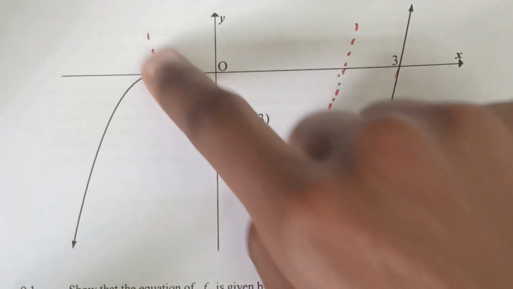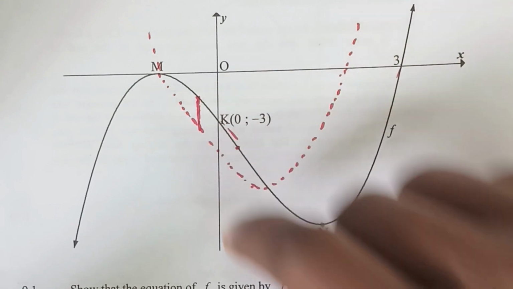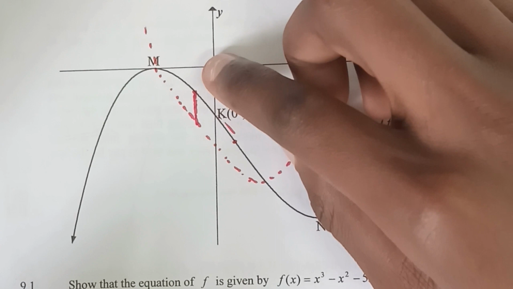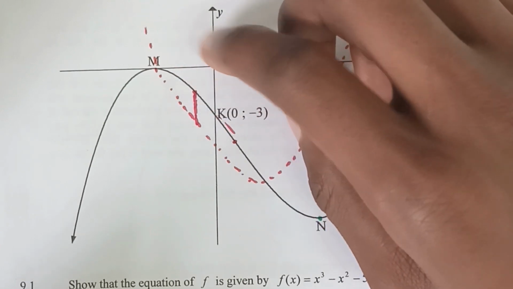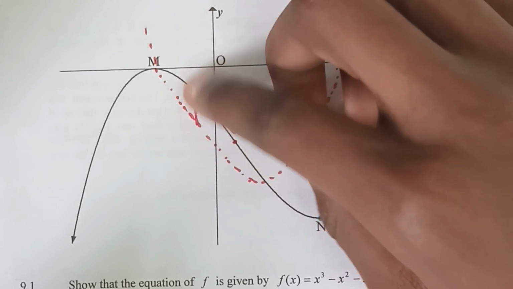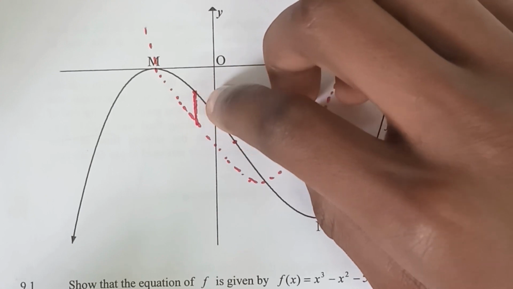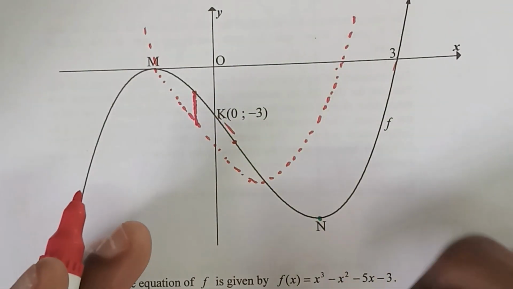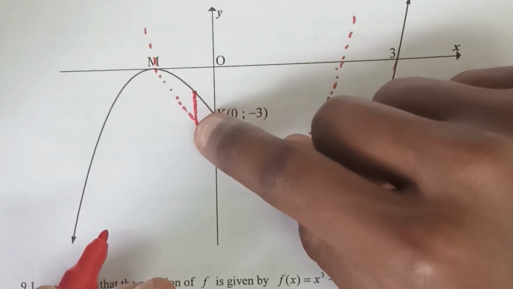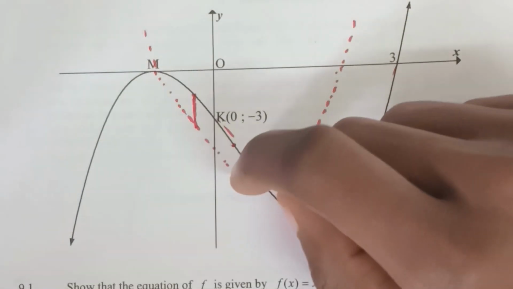So this is our f prime and this is our f of x. Now to get the maximum vertical distance, since they said x is between 0 and negative 1, we have to find the maximum vertical distance in this position here. So I did highlight this. I chose it because it's in between 0 and negative 1. So the vertical distance that we'll get here is the one that they want.